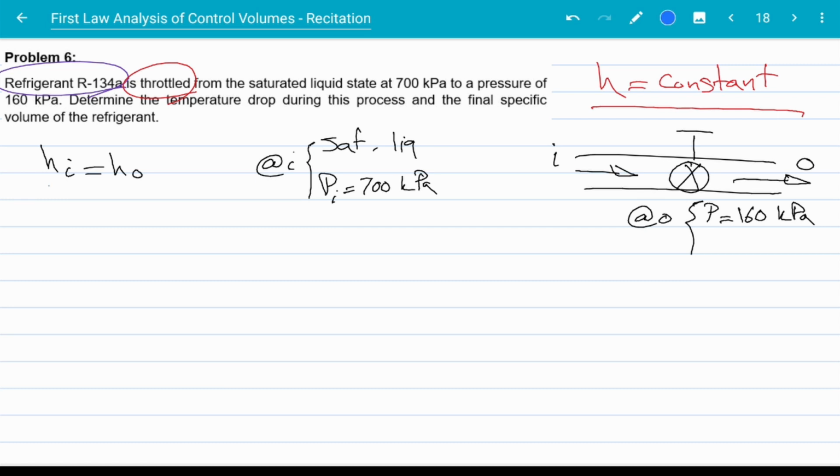I can find the enthalpy at the entrance using the state at the entrance. So let's go check the tables. If you do, you will see that enthalpy at the entrance is actually the enthalpy of saturated liquid at the pressure of 700 kilopascals, which is 88.82 kilojoules per kilogram.